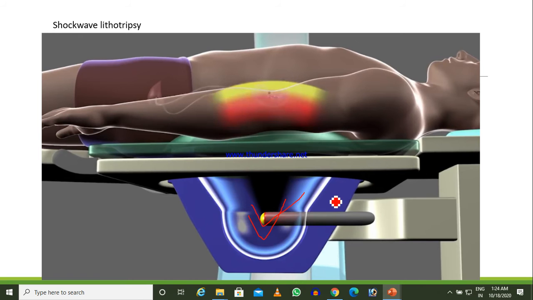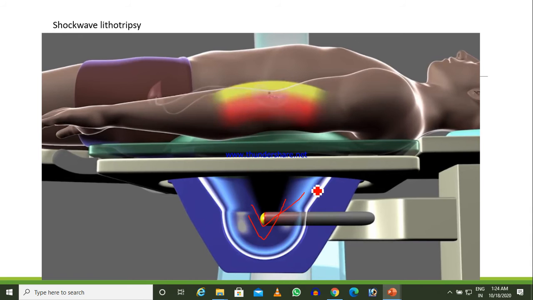If it starts to reverberate, the renal stone will break into several pieces, so that they can pass through the ureter and be excreted during urination. So the treatment is called shockwave lithotripsy.